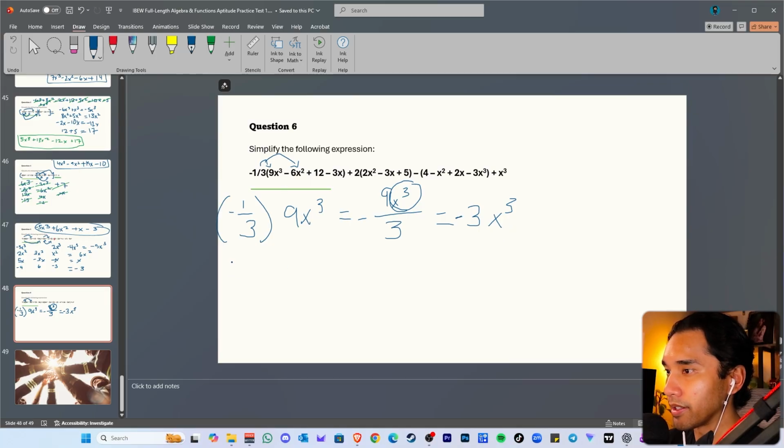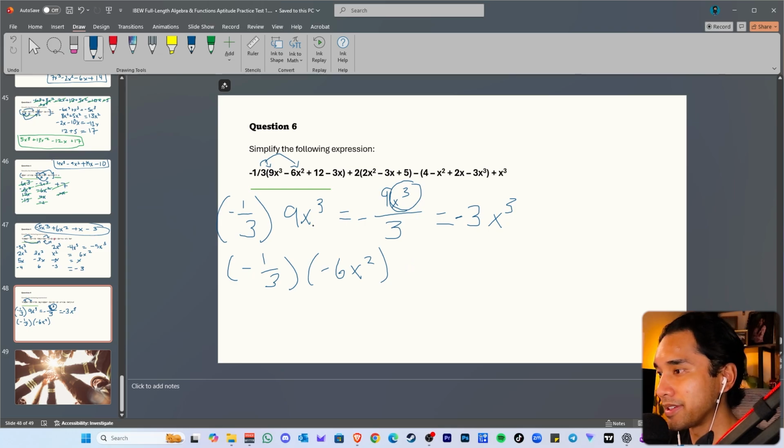All right, so let's do the other term. Negative 1/3 times minus 6x squared. I just put it in parentheses. You don't have to. And then the negatives cancel out. Okay, so now we have 6x squared over 3. What is 6 divided by 3?